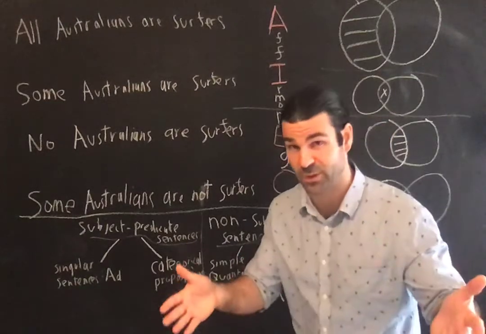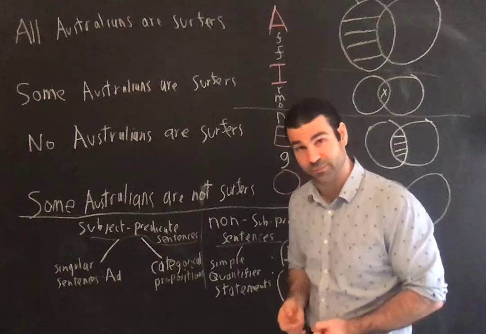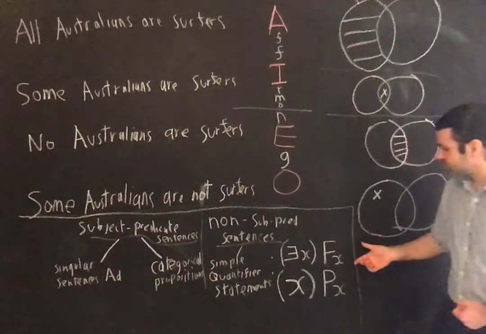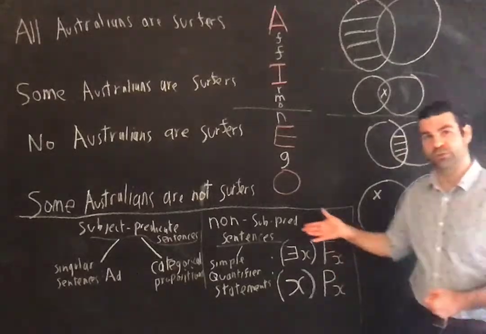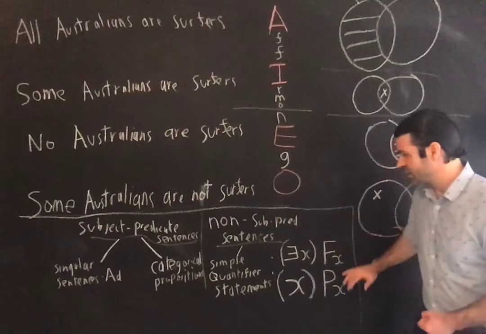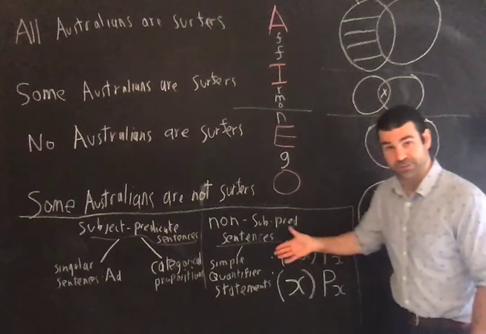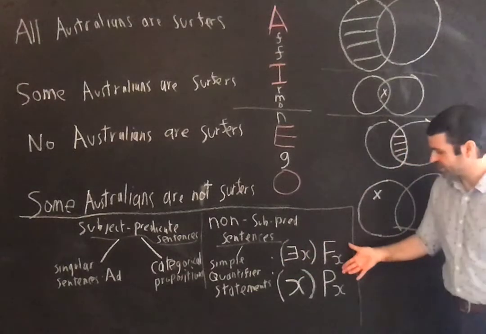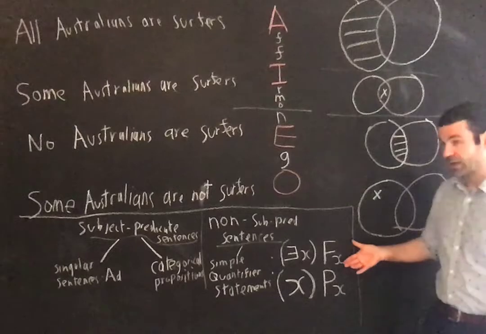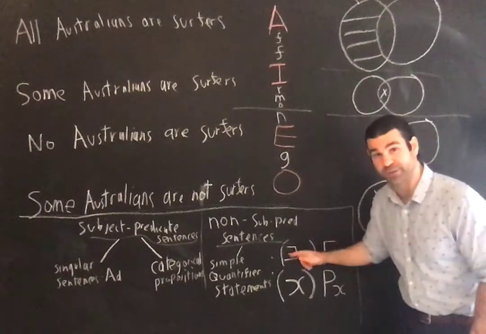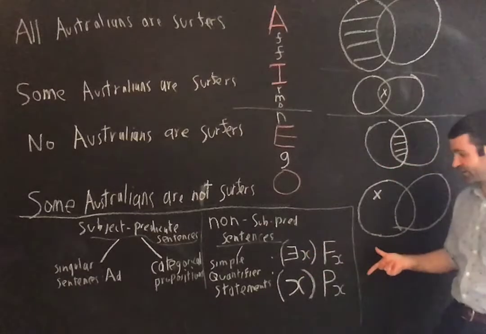If I say x is Australian, you don't argue with people over that because you haven't said something complete. But here are two simple quantified statements to illustrate this other type of sentence, sentences which are formed by prefixing a quantifier to a propositional function.